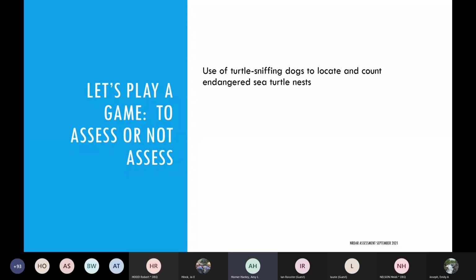How about use of turtle sniffing dogs to locate and count endangered sea turtle nests? So I think Response actually experimented with this technique.